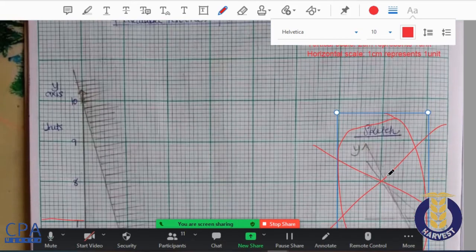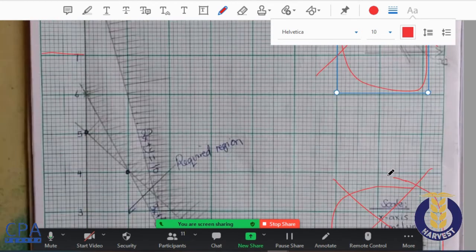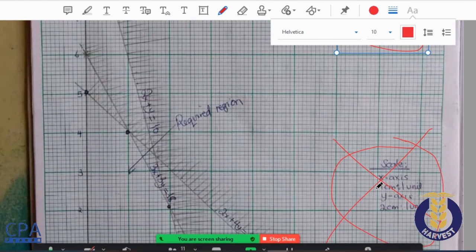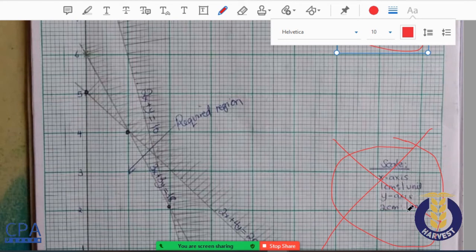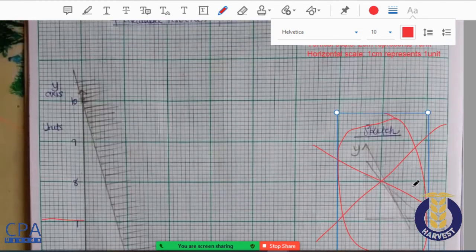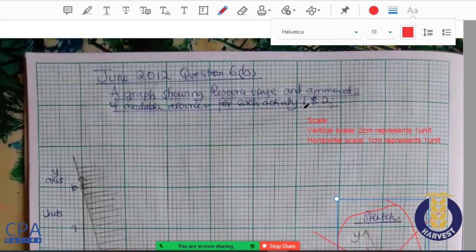What the student did is saying in the scale, x-axis 1 to 1 unit, y-axis 2 centimeter to 1 unit. Okay, this one can also work, but please, that's the format we have agreed. When we are marking, we have agreed on that format. So be as responsible as possible.